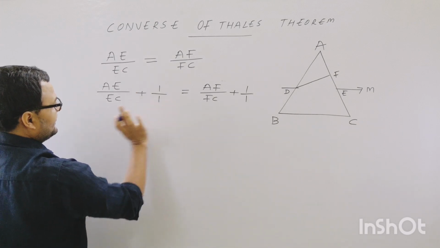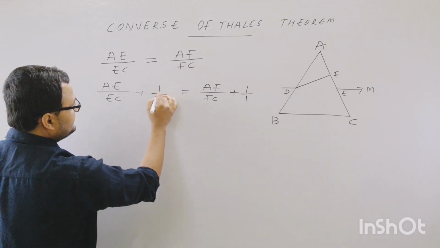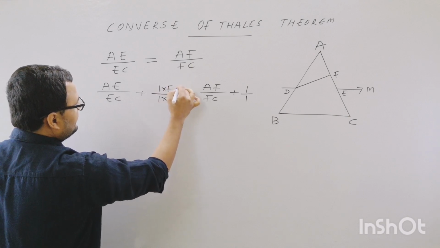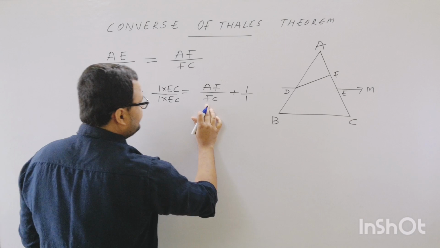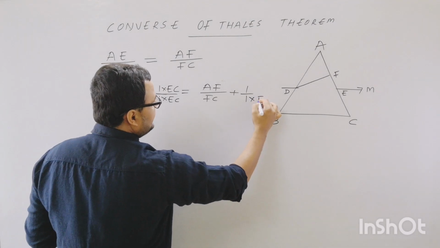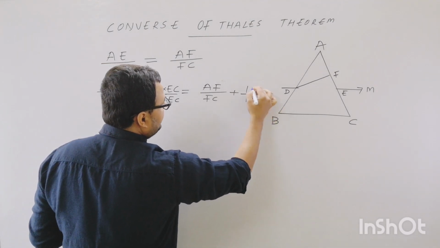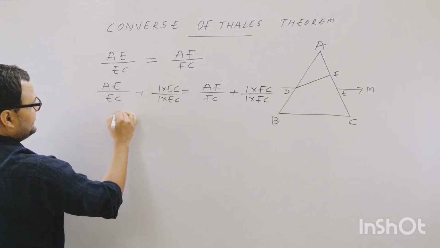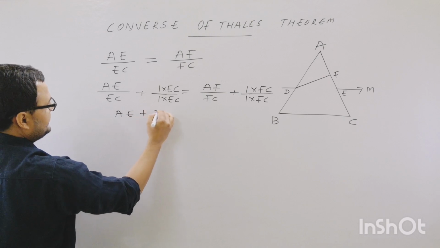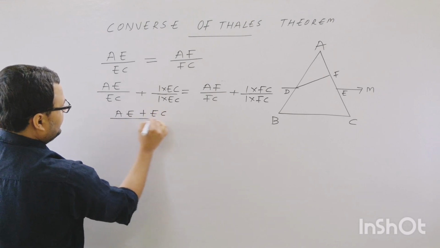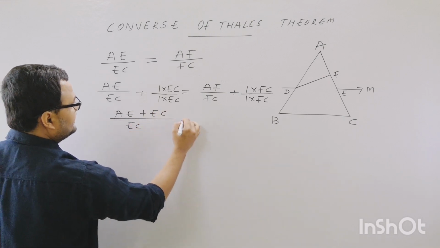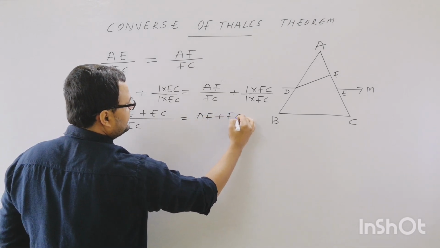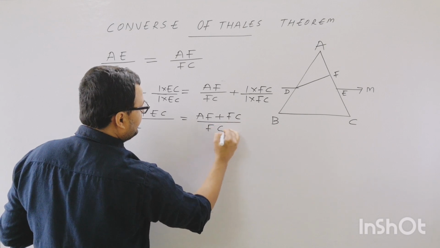Now for EC and 1, the LCM is EC, so I will multiply with EC. For FC and 1, the LCM is FC, so I'm going to multiply with FC. Now we got AE plus EC divided by EC equals AF plus FC divided by FC.